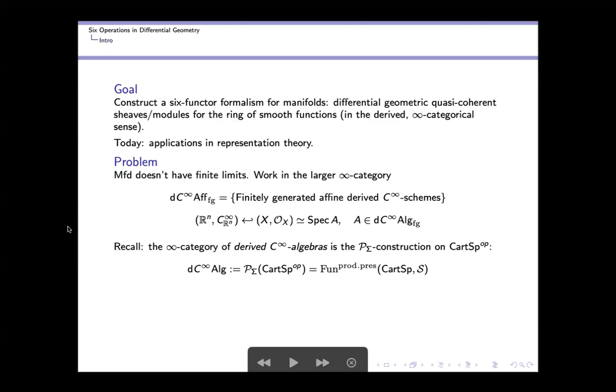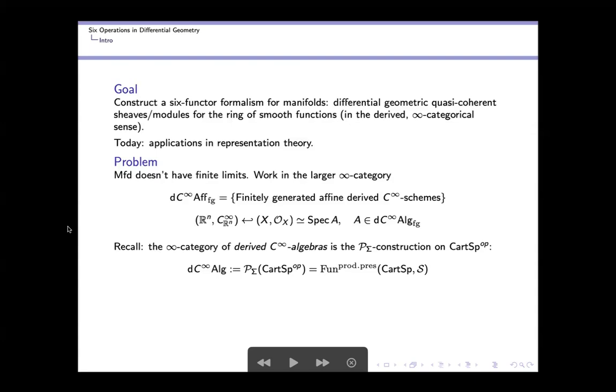So in this world, a C-infinity algebra is finitely generated if there's a surjective map from a ring of smooth functions on some R^n to your algebra. So you have n generators, but in the C-infinity sense. And you have a surjective map. That's just what it means to be finitely generated.